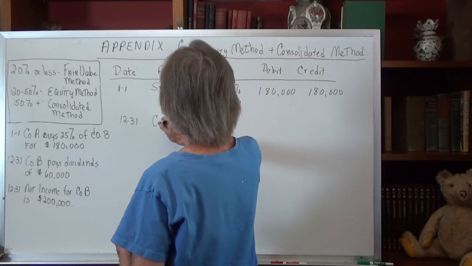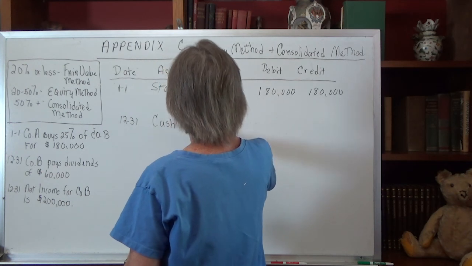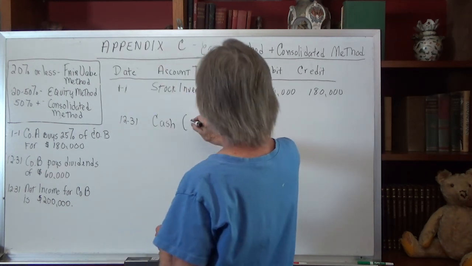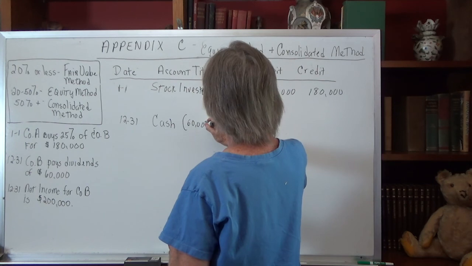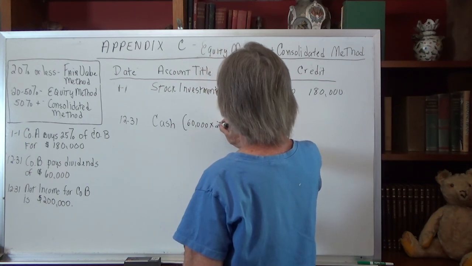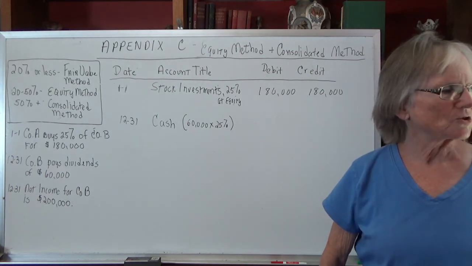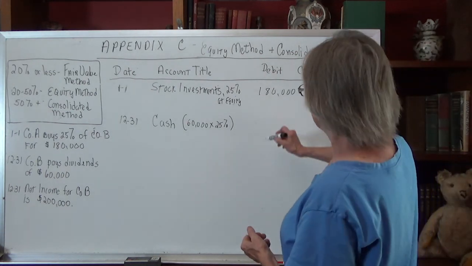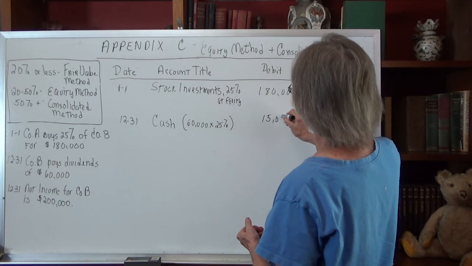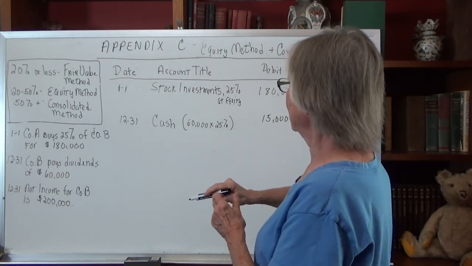So our company is going to get cash, but how much cash are we going to get? We're going to get that $60,000 that the company paid, but we only get 25% of it because we own 25% of the stock. So we would get $15,000. And so we got cash.